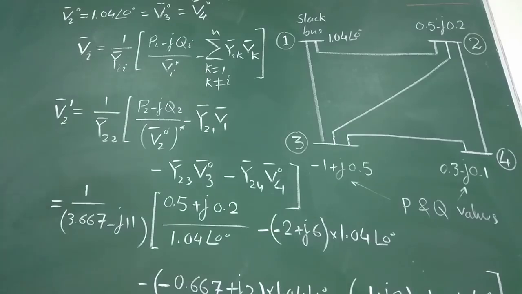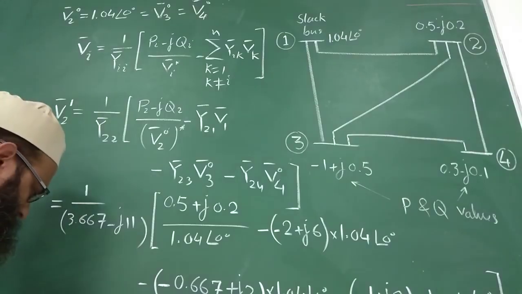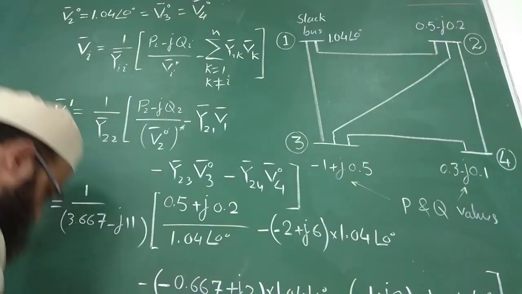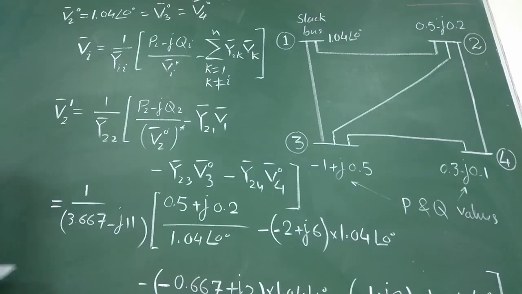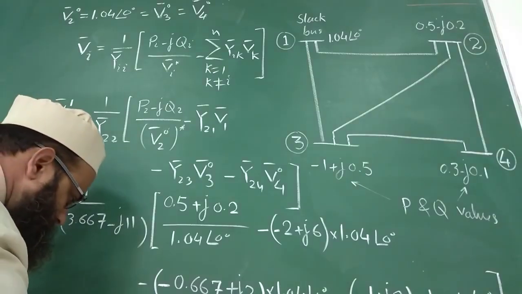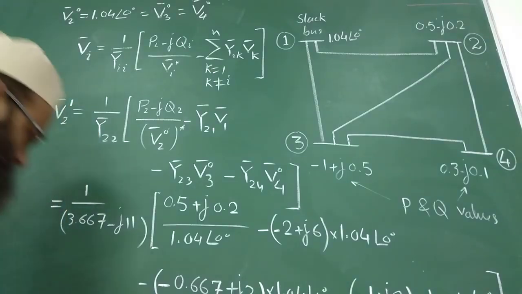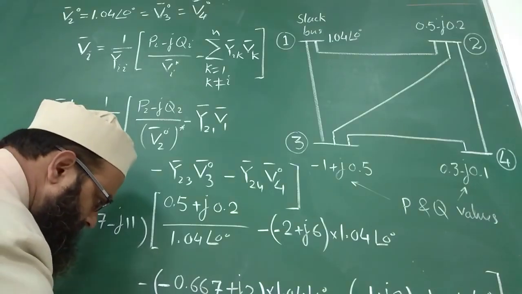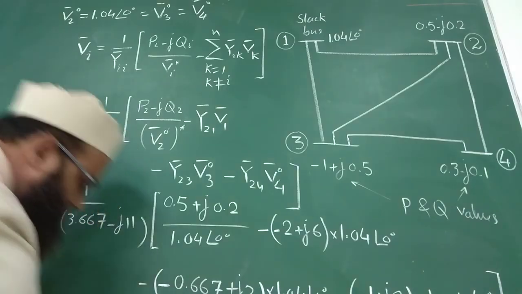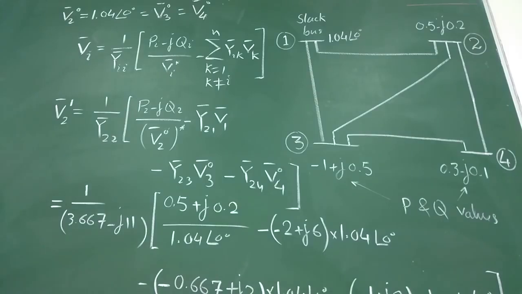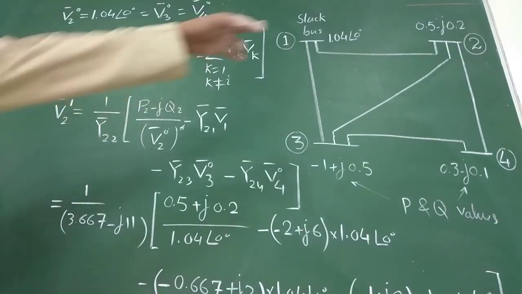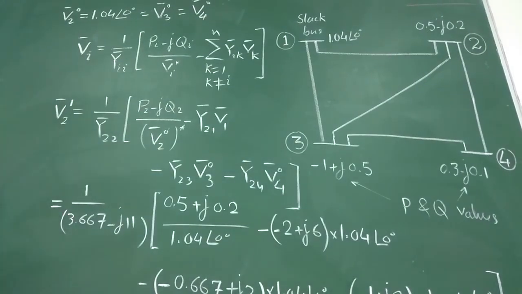The final value is coming out to be, just note down and verify it at home, 1.038 angle 2.46 per unit. So you have evaluated the variables corresponding to bus number 2. Those are V2 and delta 2. So V2 is coming out to be 1.038 per unit.